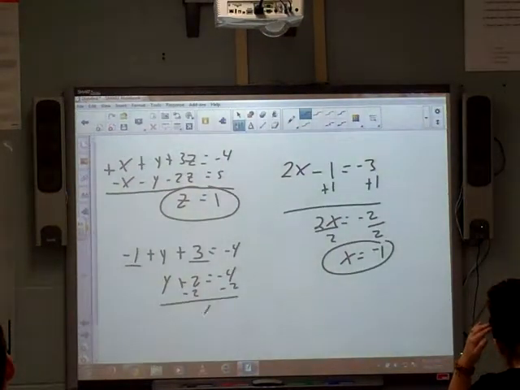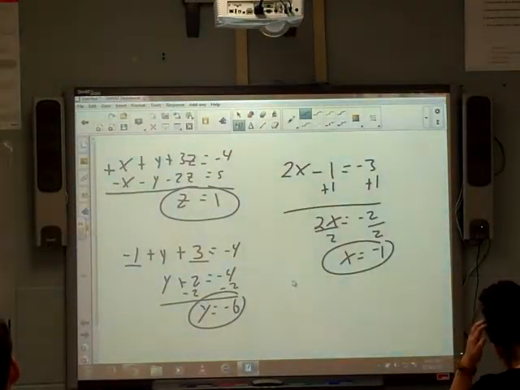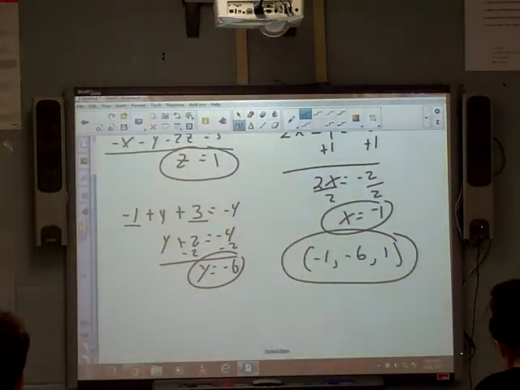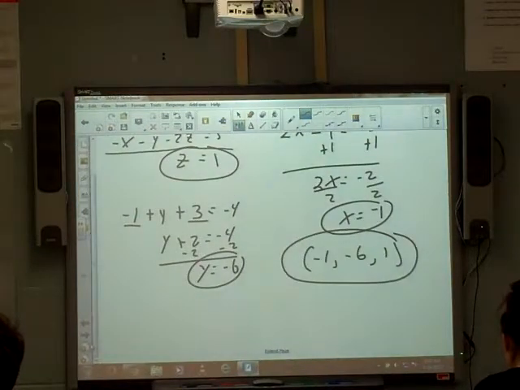So I got a negative 6 for my y. So we had x, y, z. That's number 4. Do we just write the x, y, z on here? Yes, on number 4.